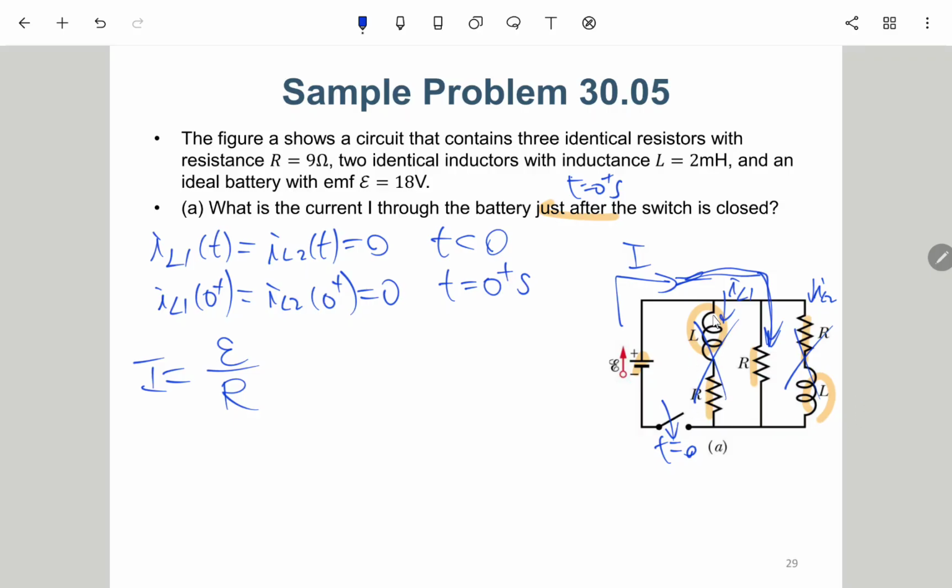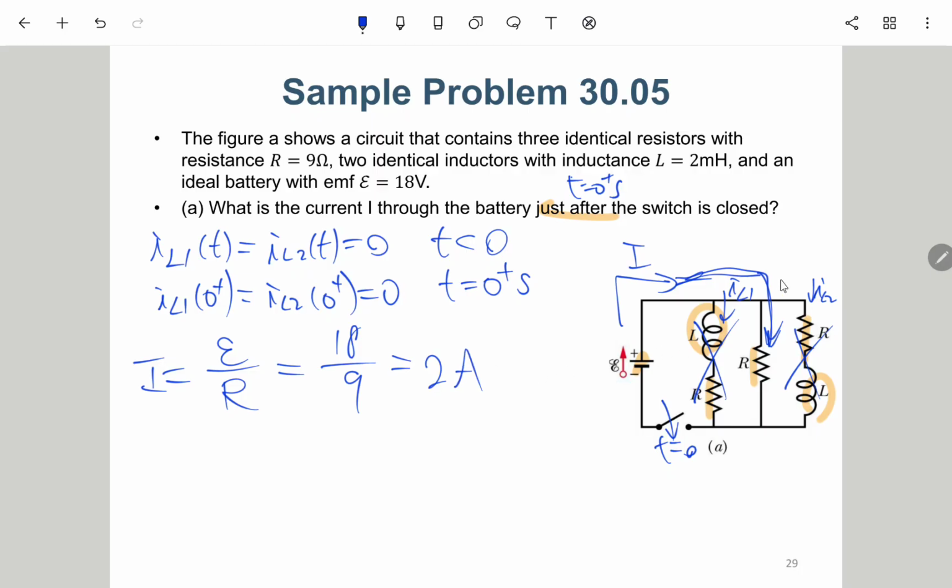If there is no current going through the inductor at 0 plus, there won't be current going through the resistor in series with it either. So only one resistor has current going through. E is 18 and R is 9, so this is 2A.